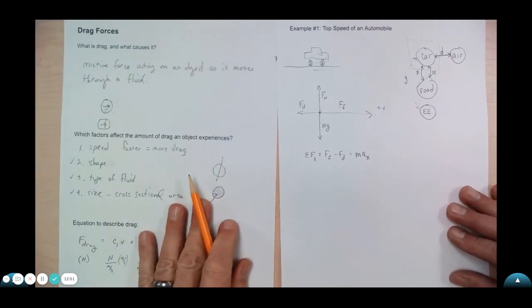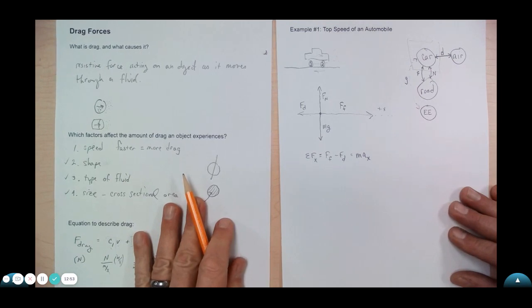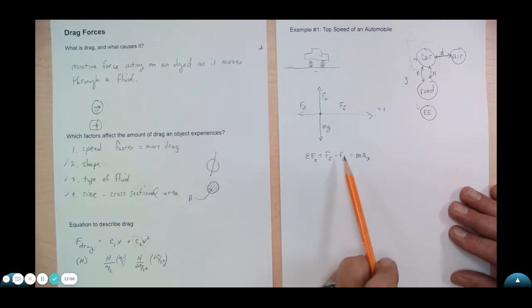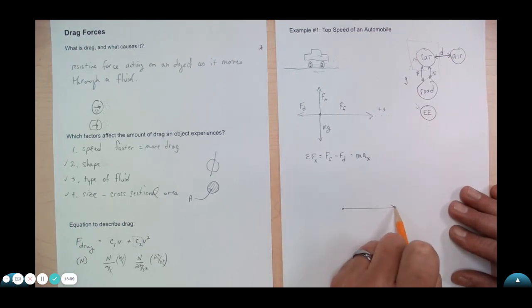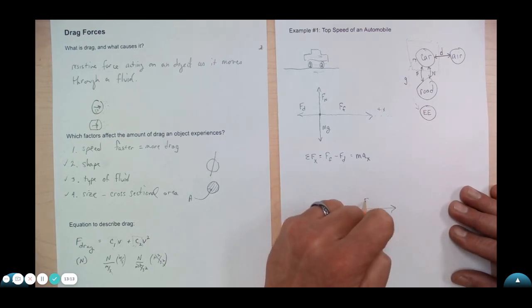Let's go back. Remember the factors that influence how much drag there is. Let's say that this car, due to this setup, accelerates. It goes faster. Well, maybe after it goes a little bit faster, the forces now look like this. So the friction from the road is still pushing the car forwards.